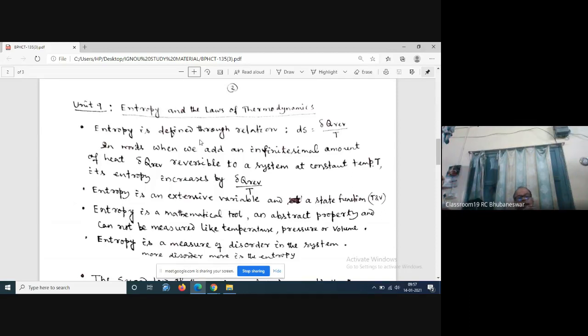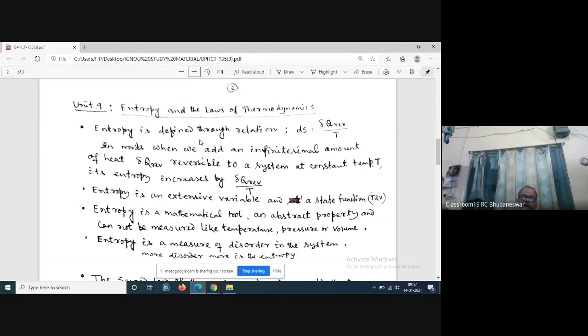Now see, entropy is a mathematical tool. This is an abstract property and cannot be measured like temperature, pressure, volume. This is very important. Since it is an abstract property, it cannot be measured like temperature.